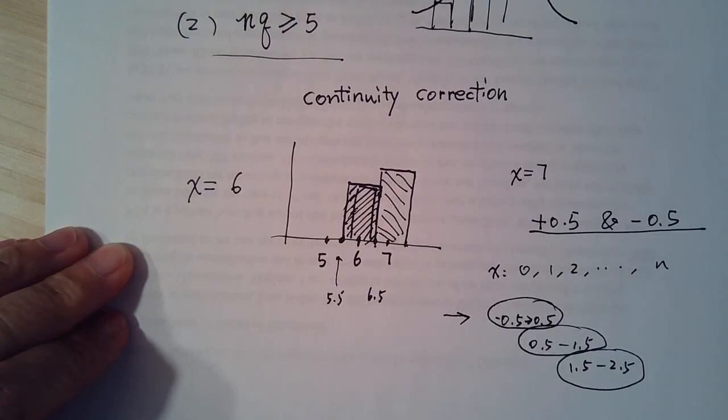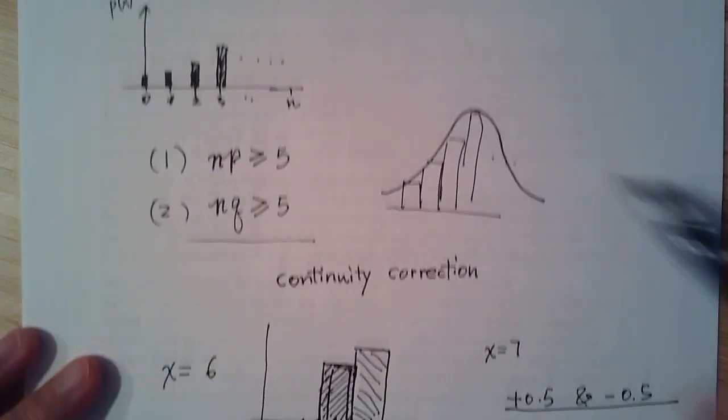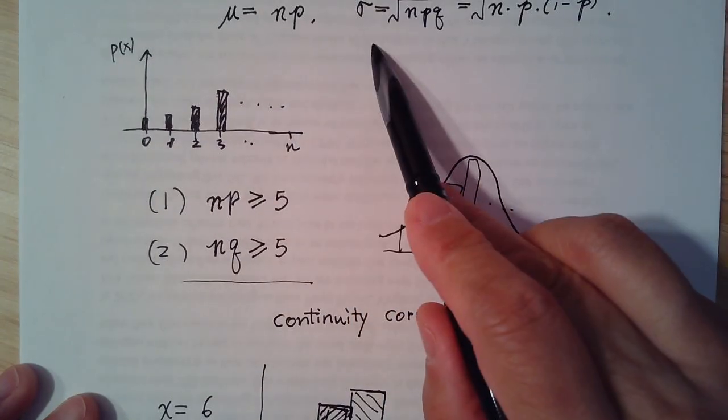Seems like a continuous, right? Then I can use normal, because I know the mean and the standard deviation. That's why it's called a continuity correction. All right, those are the most important things when you use the normal as an approximation to the binomial.